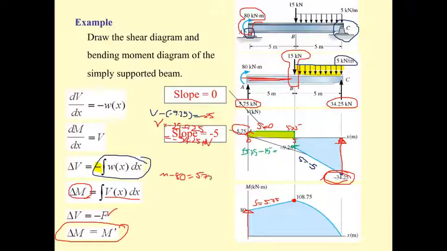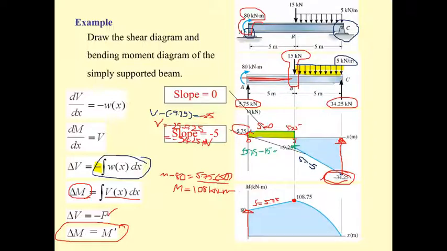You put all of them in the calculator. This 80 is going to move up to sum with this value, and then we get 108. The unit is kilonewton meter.